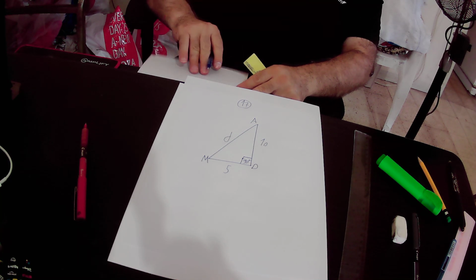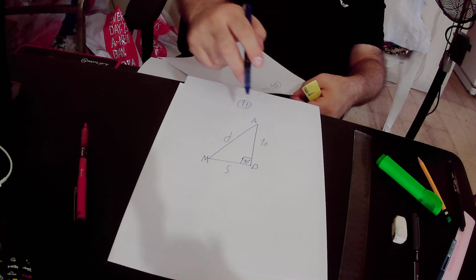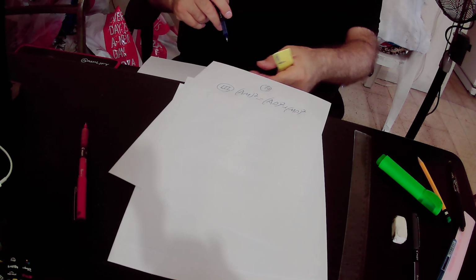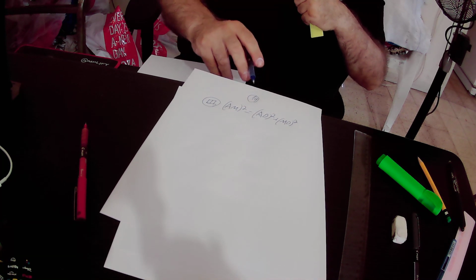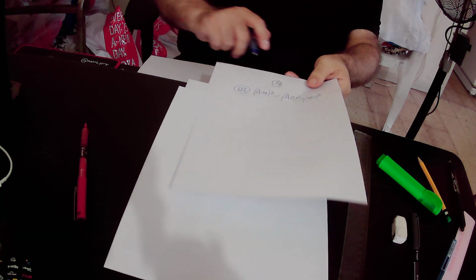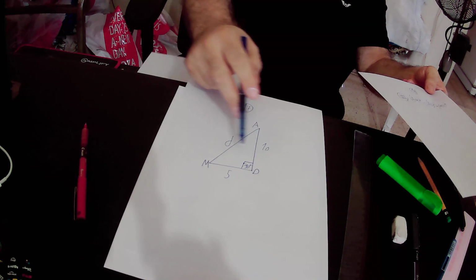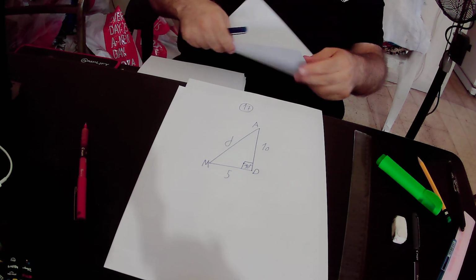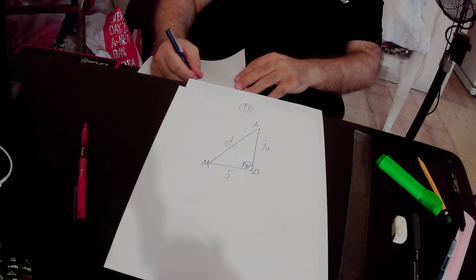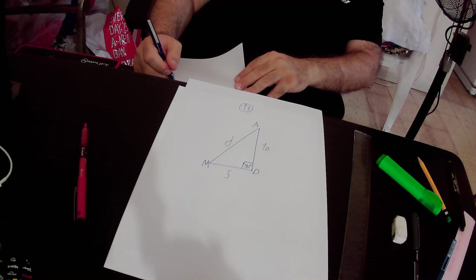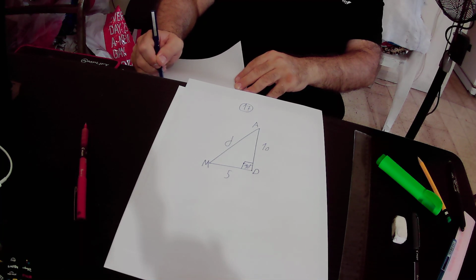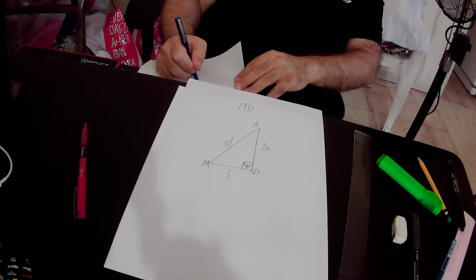Okay, so in our right triangle AMD, AM squared equals to AD squared plus MD squared. But we know that AM equals to D, AD equals to 10 units, and MD equals to 5 units. Okay, so I write it down. AM equals to D, AD equals to 10 units, and MD equals to 5 units.